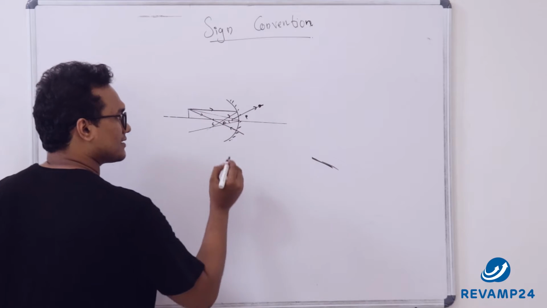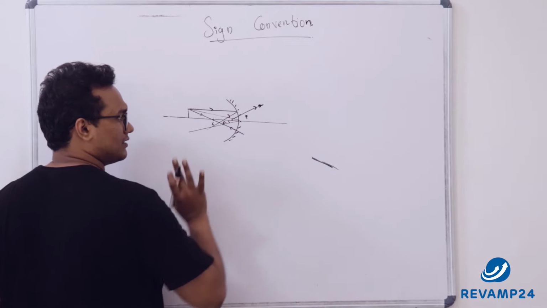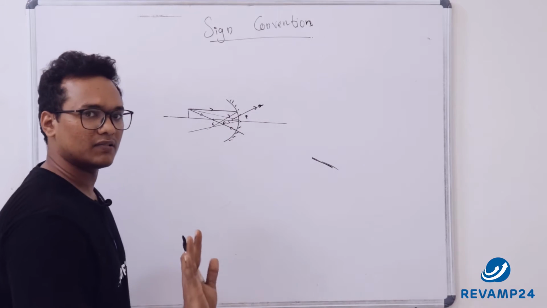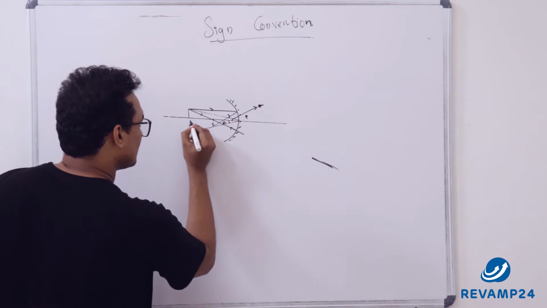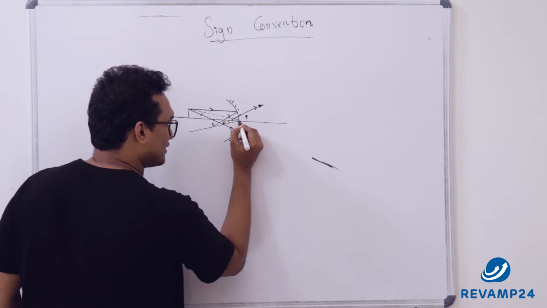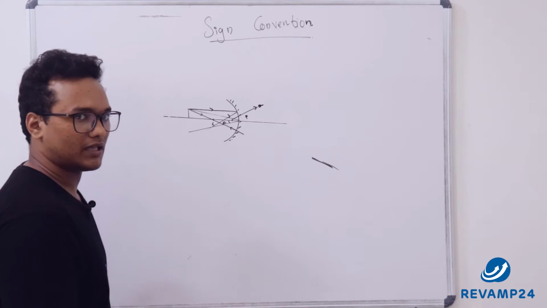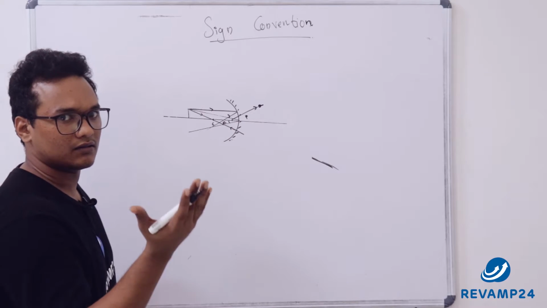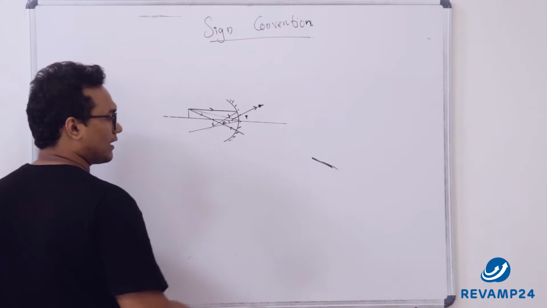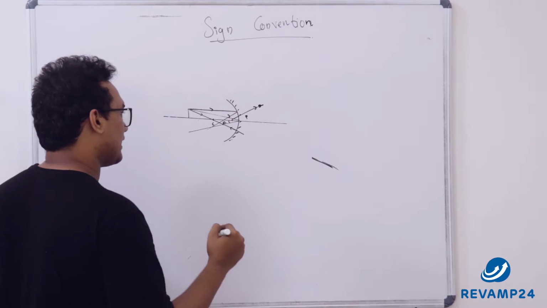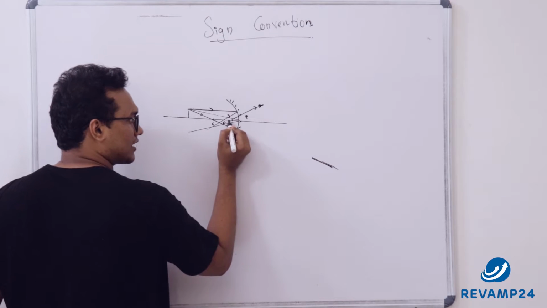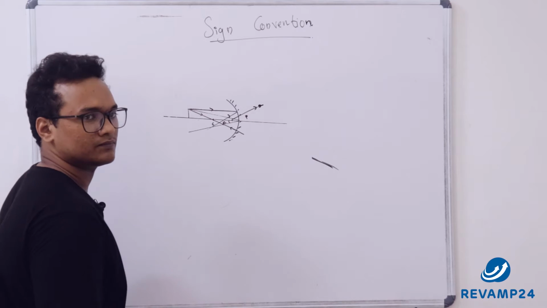One thing is very sure here. The principal axis at this point would simply be the normal at that point. So then just apply the laws of reflection. With respect to the normal, the incident ray is making an angle that should be the same as the angle made by the reflected ray with respect to the normal.